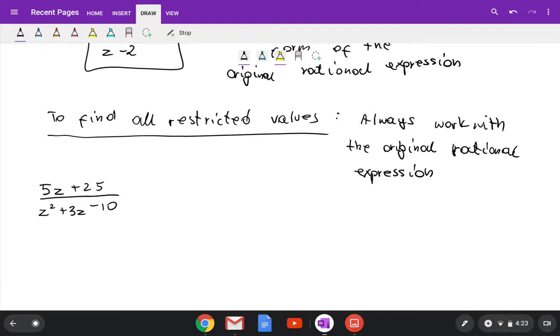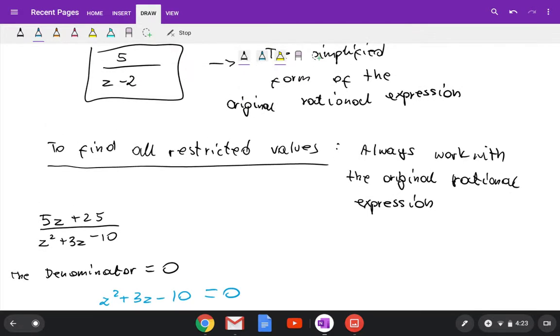You're going to take the denominator and make it equal to 0. So you solve the equation: z squared plus 3z minus 10 equals 0. Of course, I don't want you to factor this again because we already factored that. This is a quadratic equation. You learned that in a previous section.